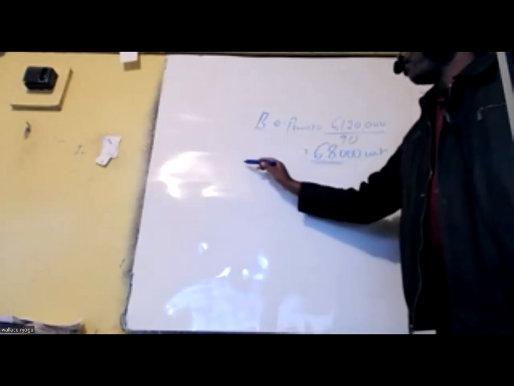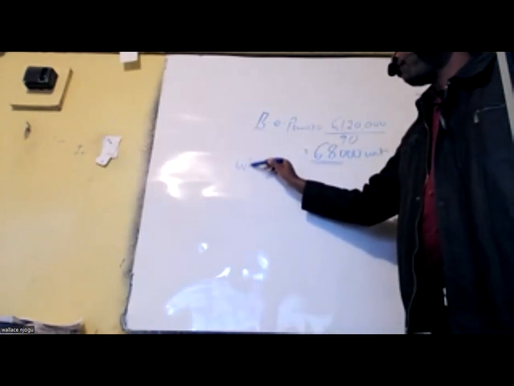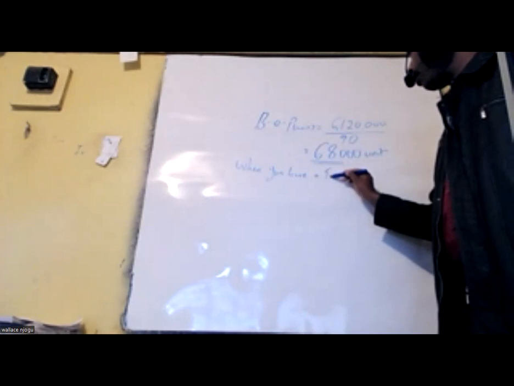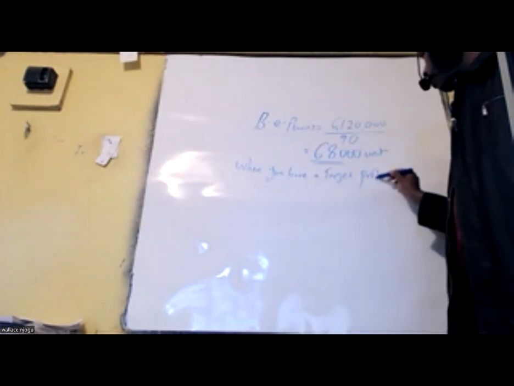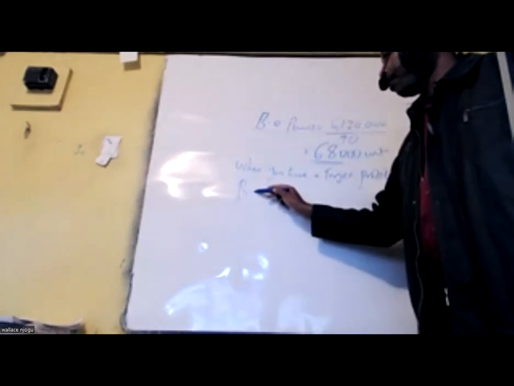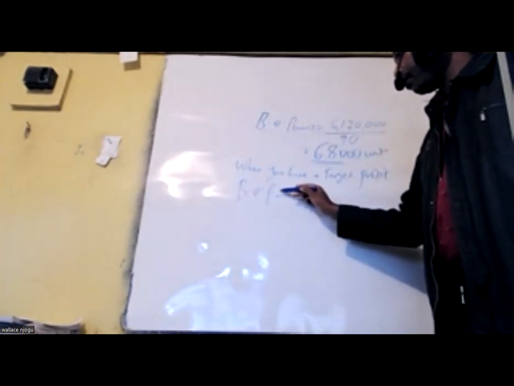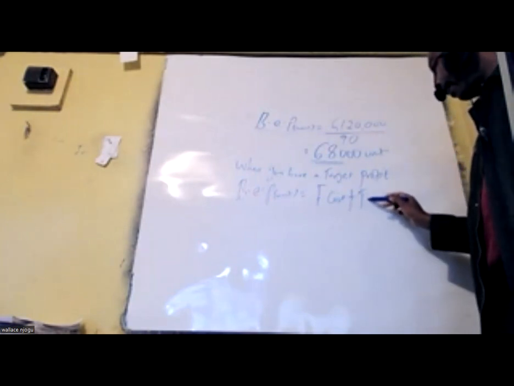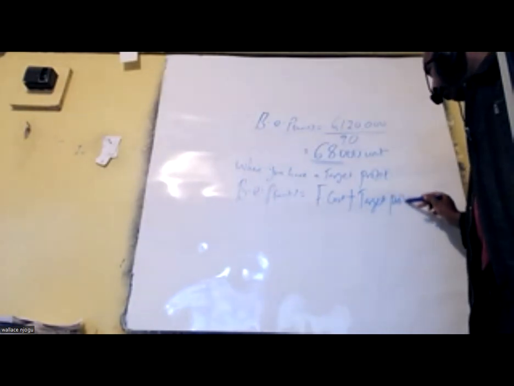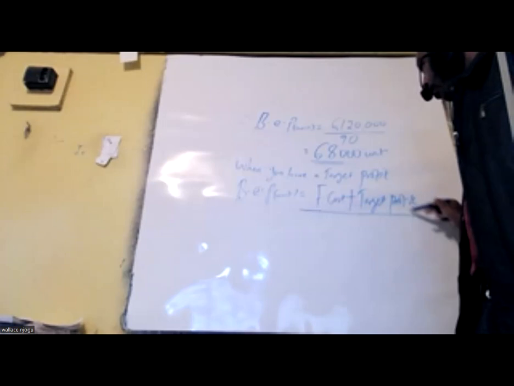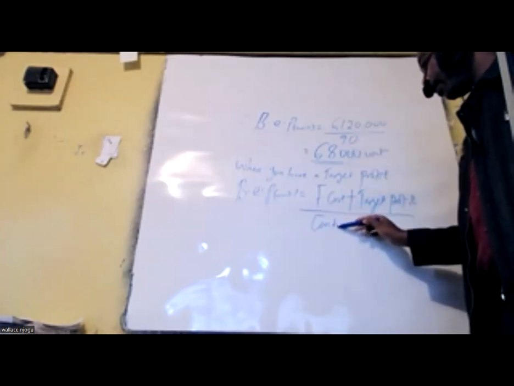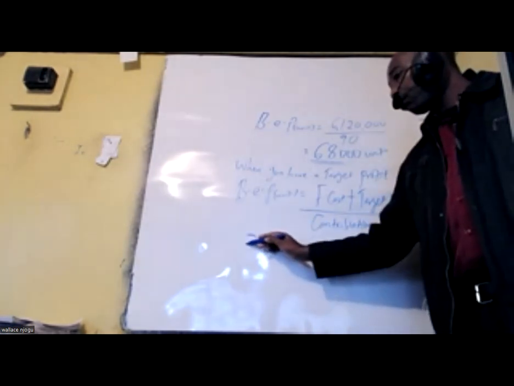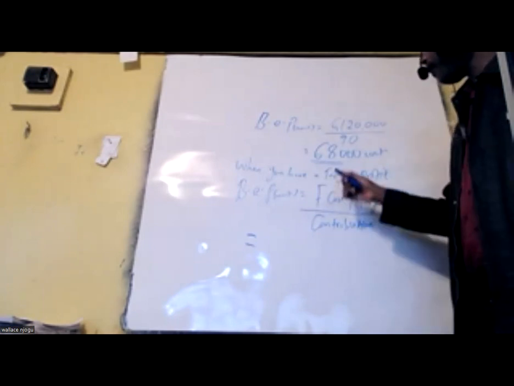So wakati umepewa target profit, when you have a target profit, break-even point in units is given by, we take the fixed cost, we add the target profit, then we divide by contribution per unit.